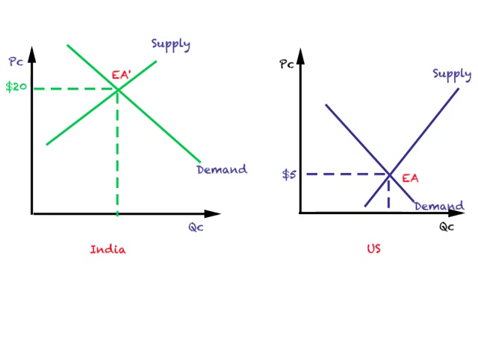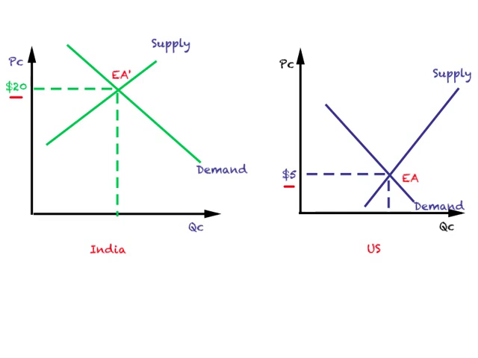Now we know that when there is no foreign trade, or we have a situation of autarky, an article of clothing sells for $20 in India and for $5 in the US. Now, suppose from a situation of autarky, the US and India decide to engage in free foreign trade.